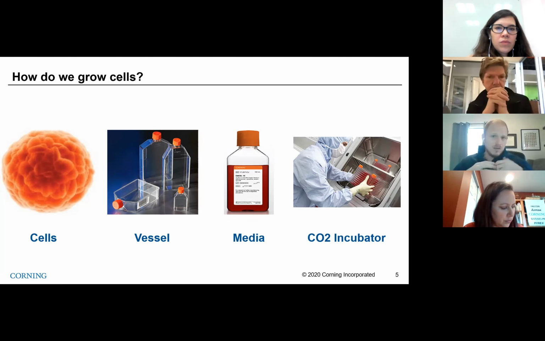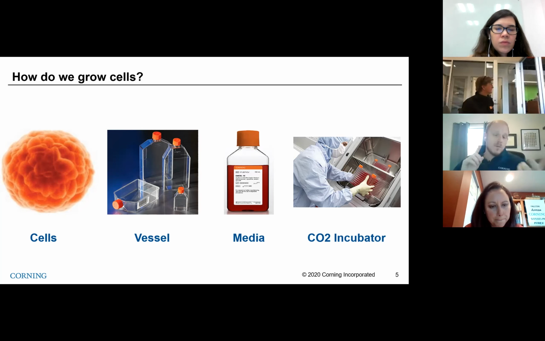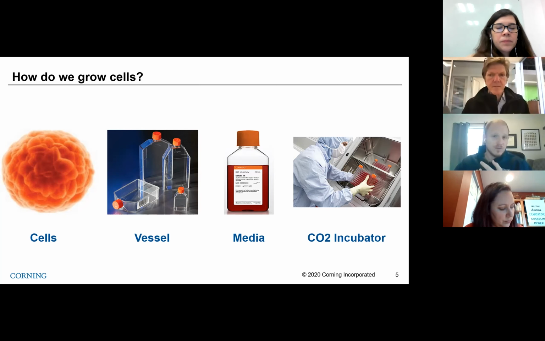So really, how do we grow cells? You can break it down into these 4 primary components for your primary tissue culture work. Number 1 is you, of course, have to have cells. Number 2 is you have to have a vessel or some kind of container that the cells are being cultured in.